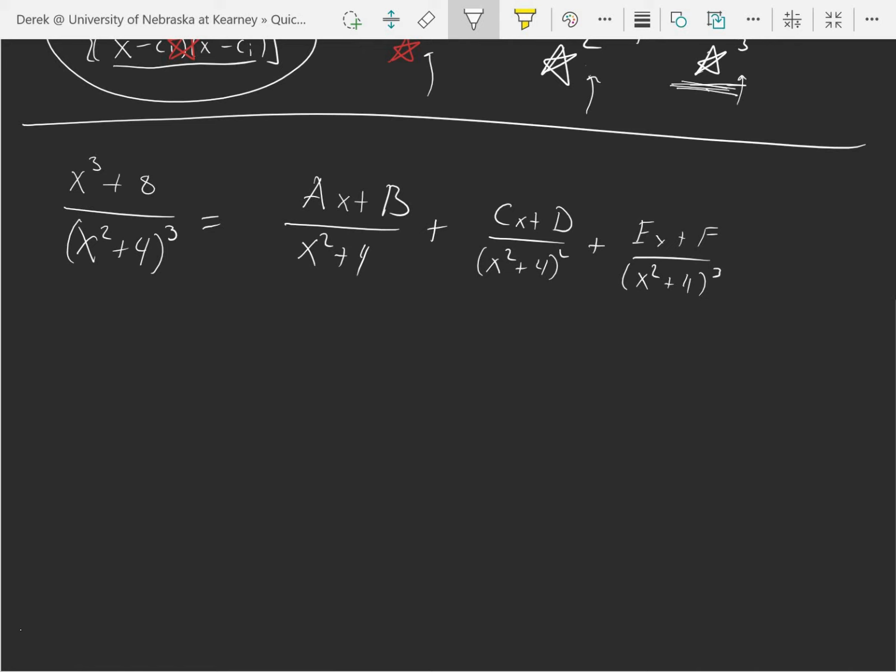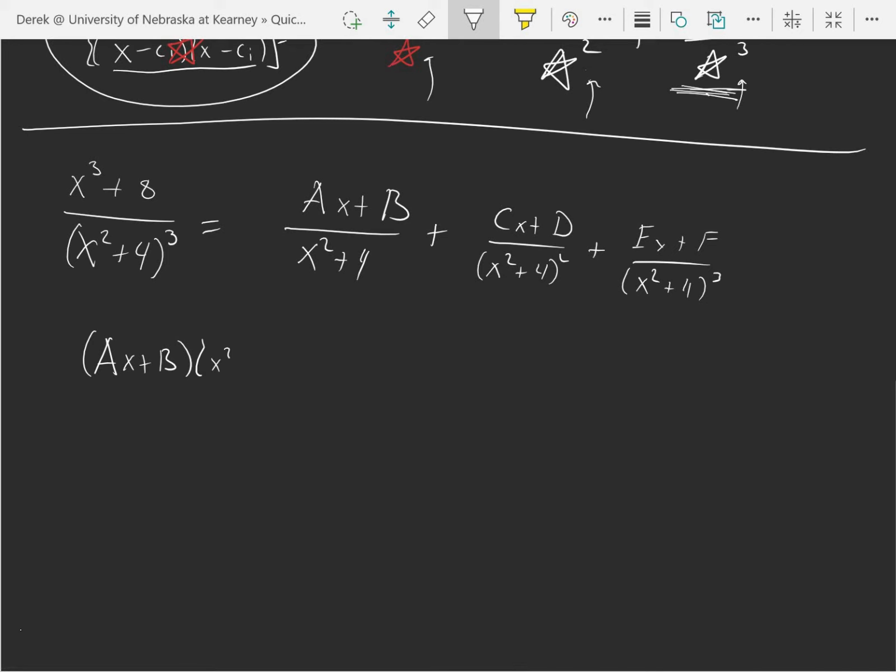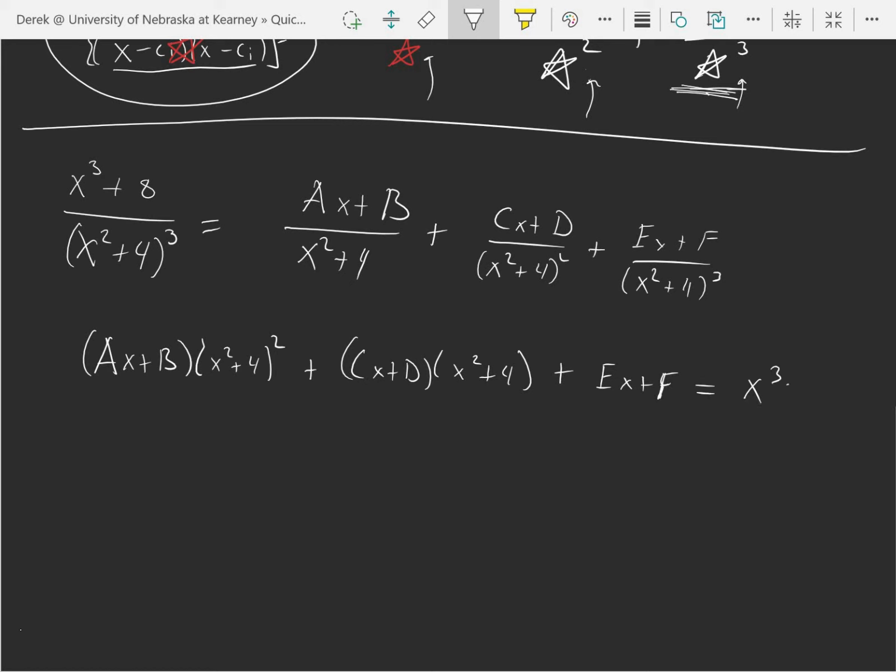So now I need to write the right hand side with the common denominator. So I get ax plus b, and I'm just going to look at the numerator, you get x squared plus 4 squared, and then you get cx plus d times x squared plus 4, and you get ex plus f, and that's going to be x cubed plus 8, the other numerator.